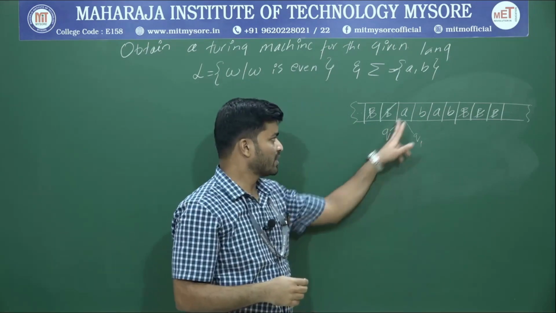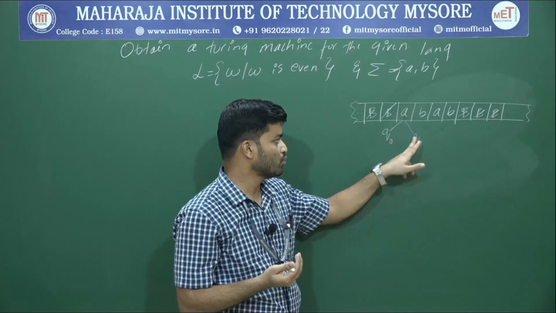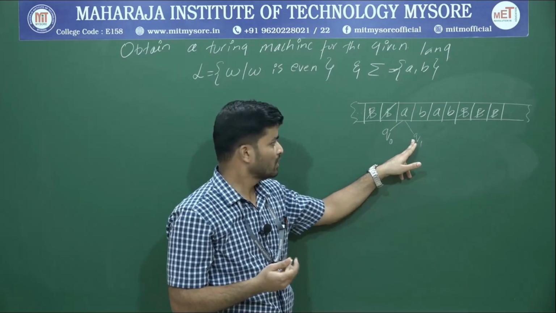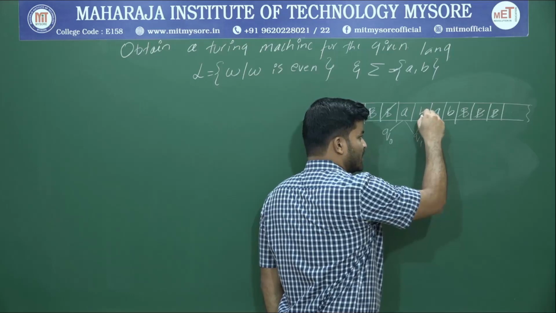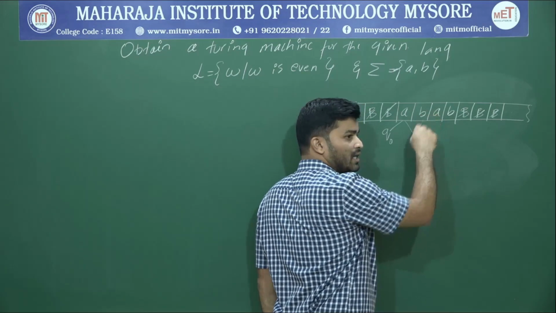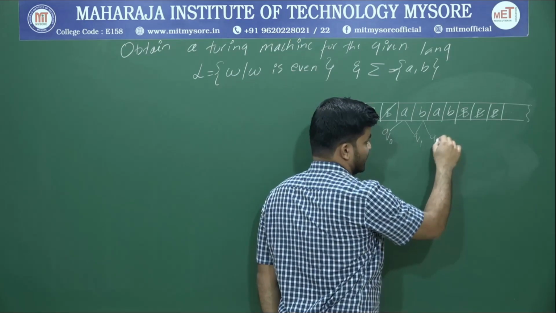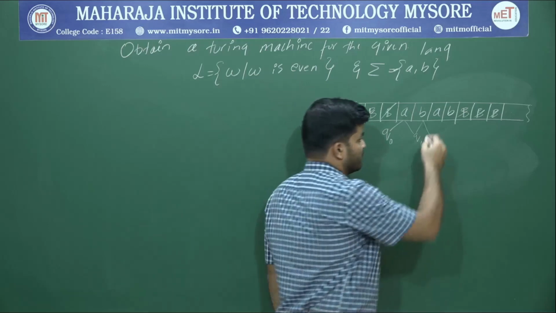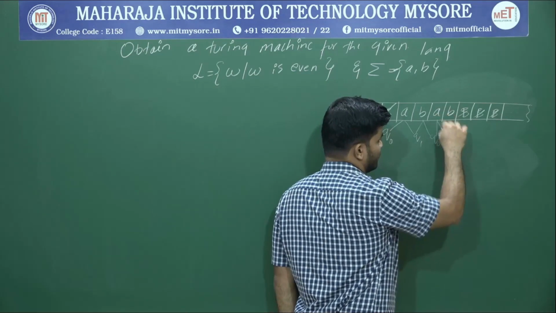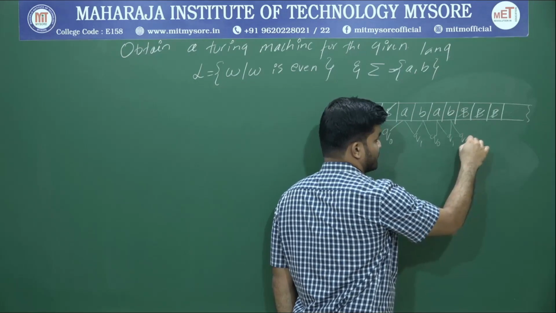Upon reading a, it will not make any change to it, so it will directly go to the next state Q1. Next, Q1 upon b also reads b and does not replace it with any other symbol. It retains it as it is and moves to the next state, which connects back to Q0. Again, Q0 upon a comes to Q1, and Q1 upon b comes back to Q0.